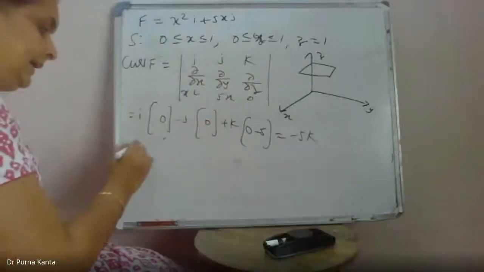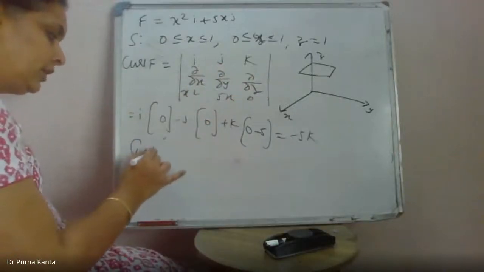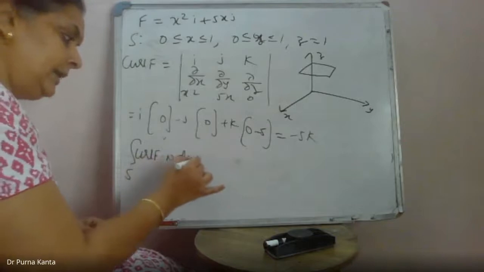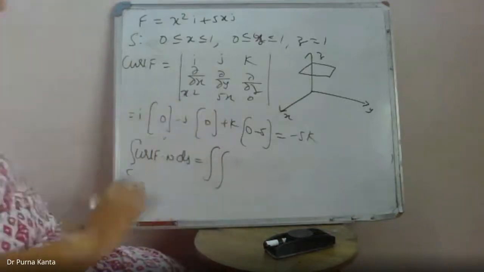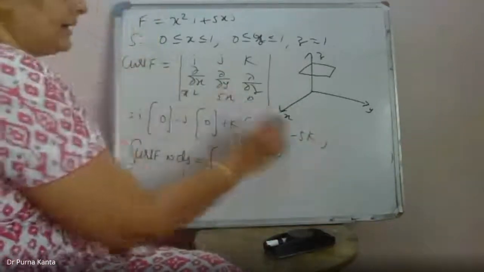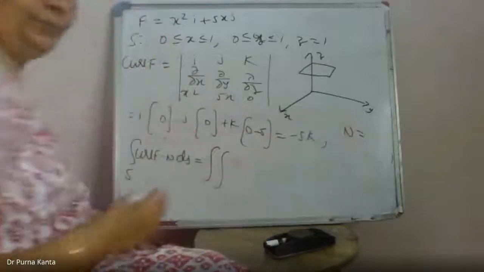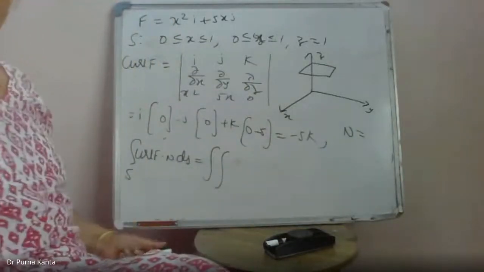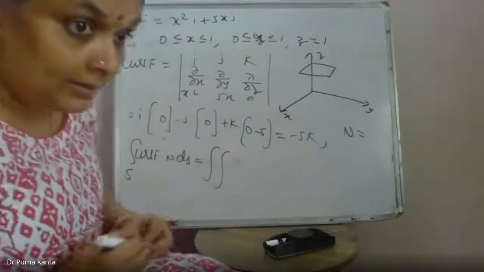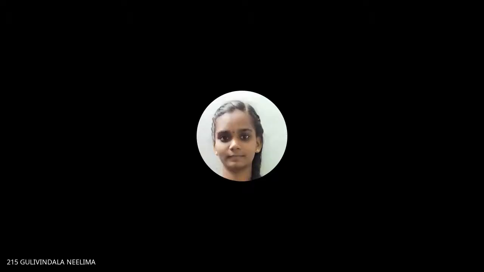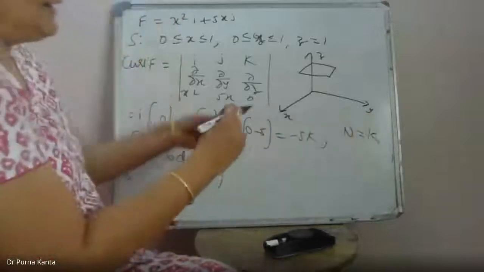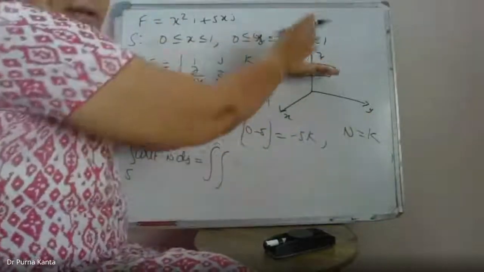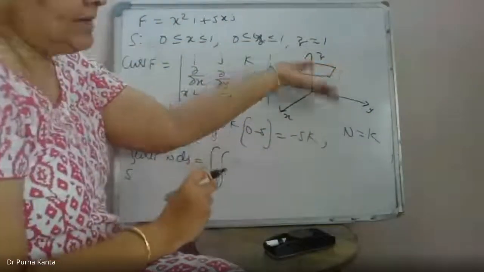So the integral over S of curl F dot n dS will be equal to the double integral of... Now tell me, on this surface, this is curl F, what will be the n value? K, ma'am. Yes, correct. n is equal to k, because the plate is like this. The outward normal is drawn along the positive z axis. So n is equal to k.